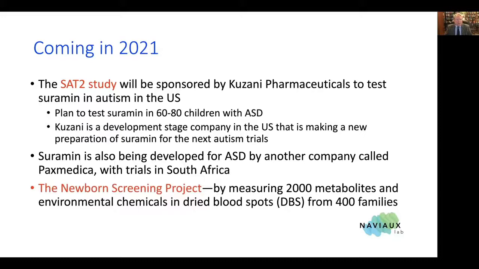And the newborn screening project is one that I really want to end with because we're very excited about the possibility of using a new test that we have developed in the laboratory to test dried blood spots that are collected from every child that's born in the United States by a heel stick at the time of birth. And those dried blood spots are then sent for testing for a variety of different genetic disorders.